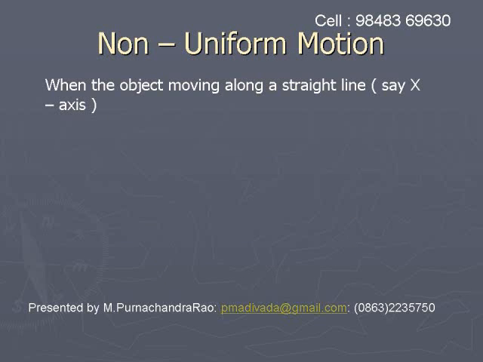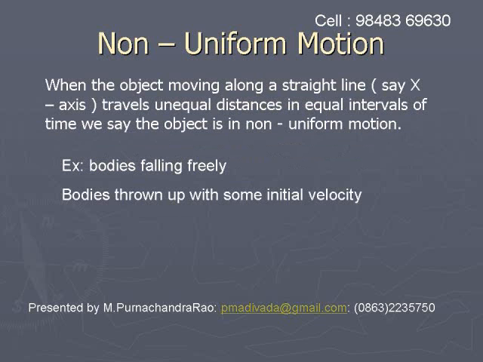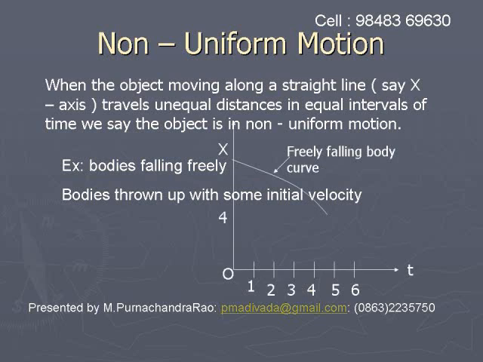Non-uniform motion. When an object moving along a straight line, say the x-axis, travels unequal distances in equal intervals of time, we say the object is in non-uniform motion. Examples: bodies falling freely or bodies thrown up vertically, initially with some velocity.